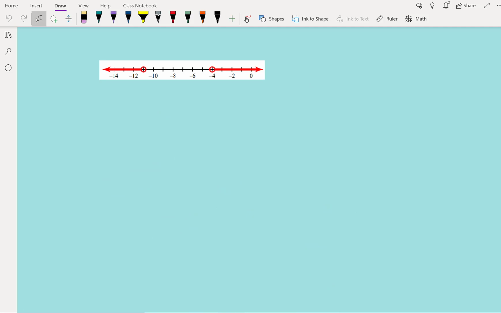All right, so now let's look at an actual graph and create the statement for it. First, we have to determine if it's a union or an and. And because it's going in two opposite directions, we are going to say that it is a union.